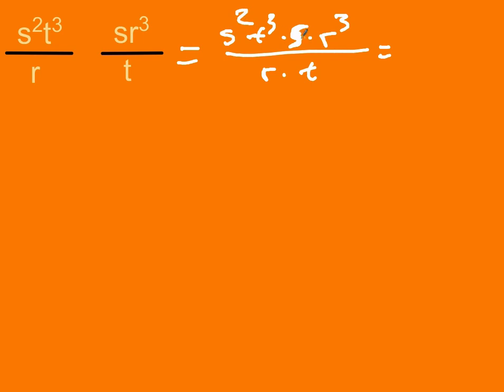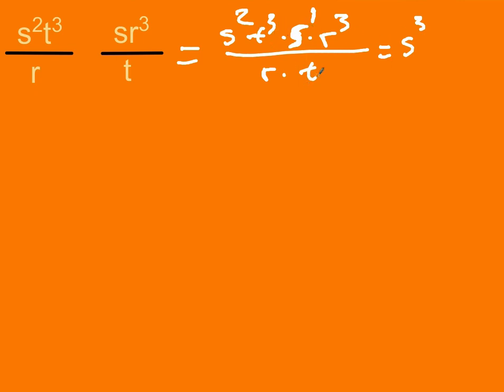Okay, now let's multiply fractions here. With fractions, you multiply across, and you get s squared t cubed times s times r cubed over r times t. Again, you add the exponents: s times s squared times s gives you s cubed.